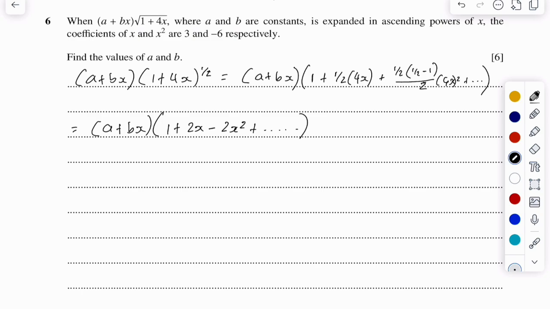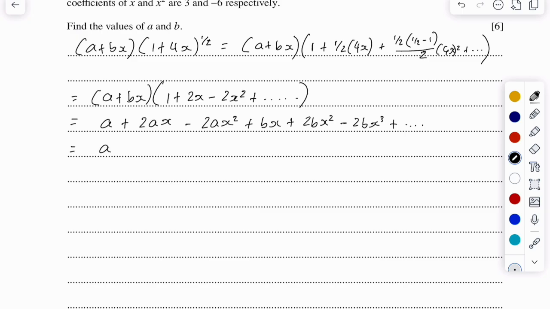So if we multiply this out, what we get is a + 2ax - 2ax^2 + bx + 2bx^2 - 2bx^3, which results in a + (2a + b)x + (2b - 2a)x^2 - 2bx^3. Perfect.